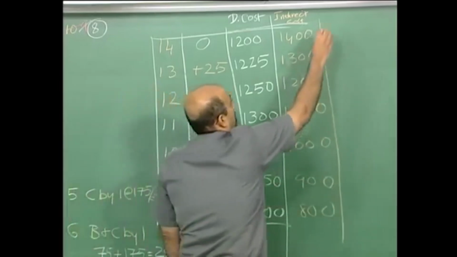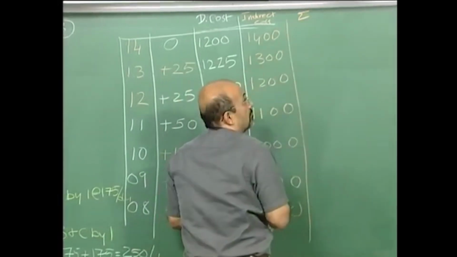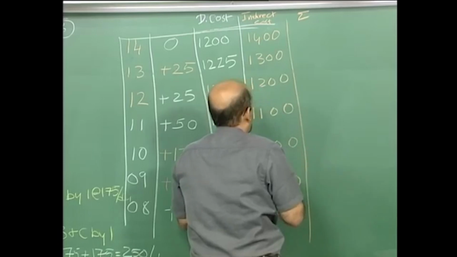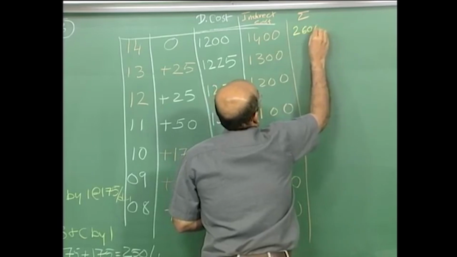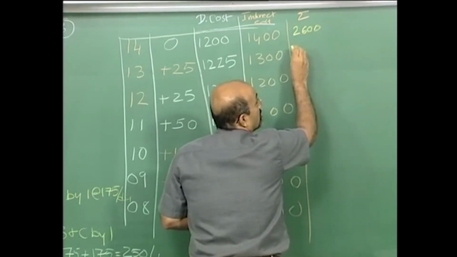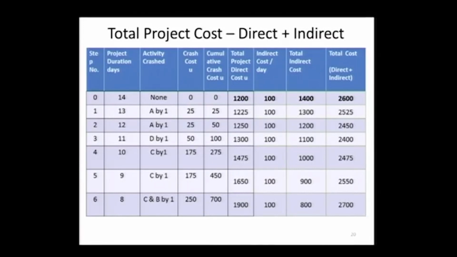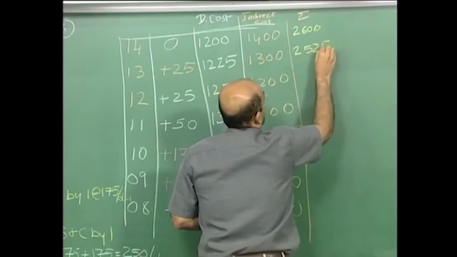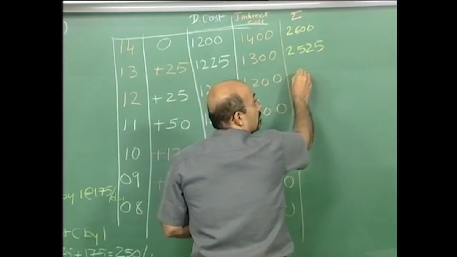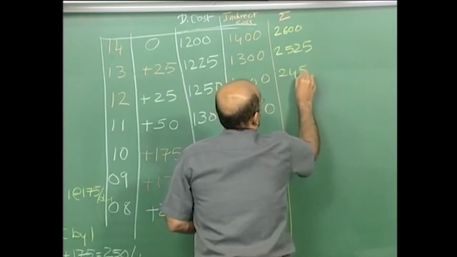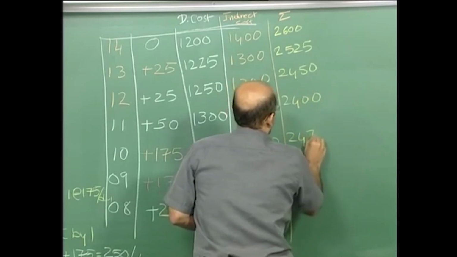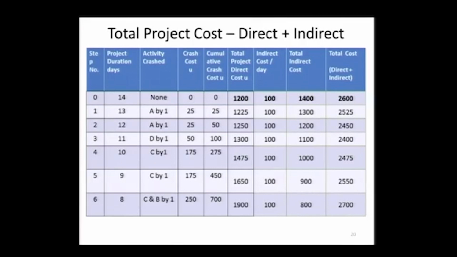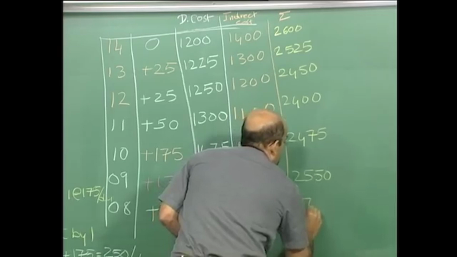Now if I sum it up, I get, can you read it out to me so that I can write it down? 2450, 2400, 2475, 2550, 2700. What is the pattern you see?